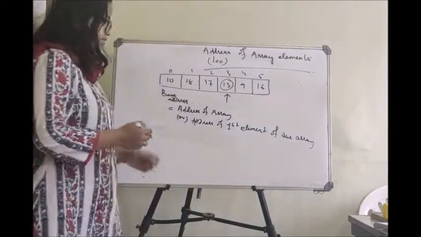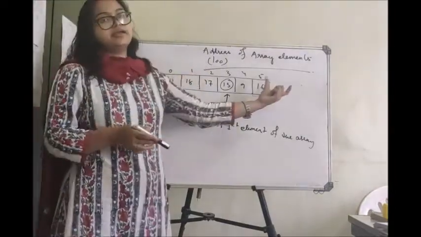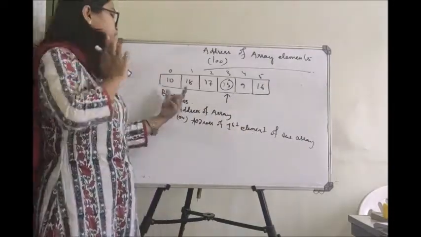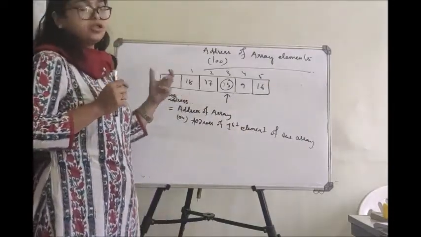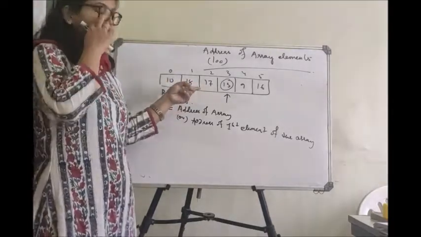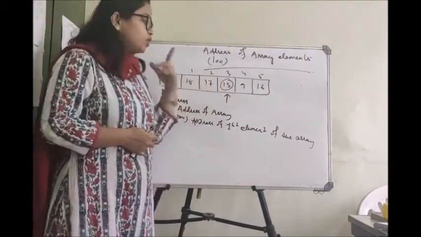Address of an array means the address from which the array starts. That is called the base address. We need to know the base address in order to find the location of any other element in the array.